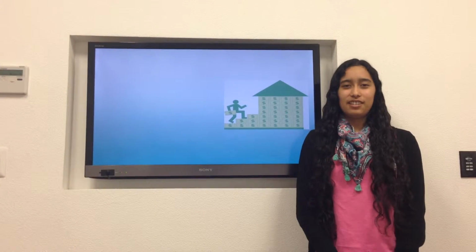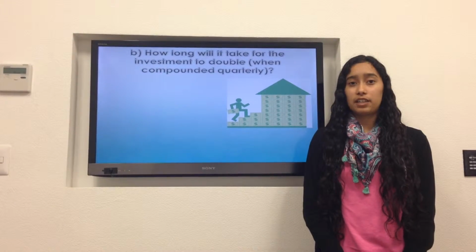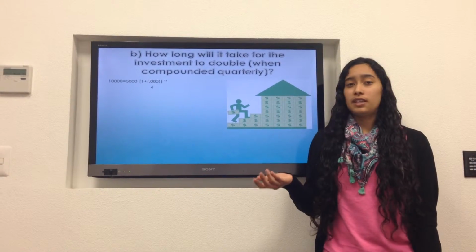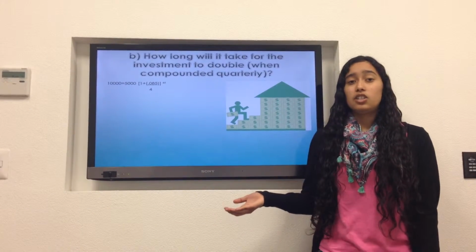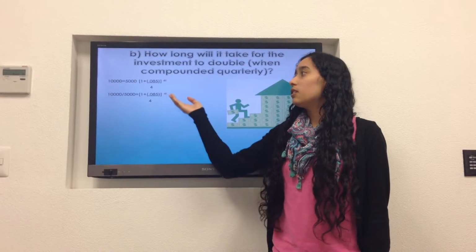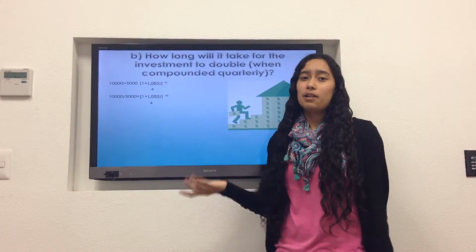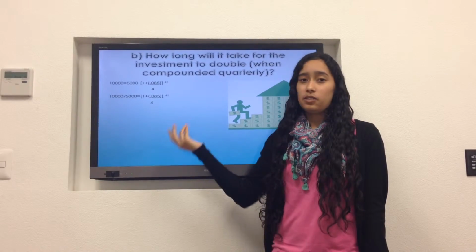Well, the next question is, how long will it take for the investment to double when compounded quarterly? In this problem we use the same formula as the past one, just that we need to isolate t because it's the time. So we substitute all the values we have, and we put the 10,000 here because it's the double of 5,000 and it's what we want to get.